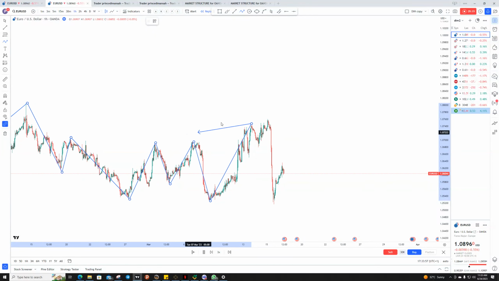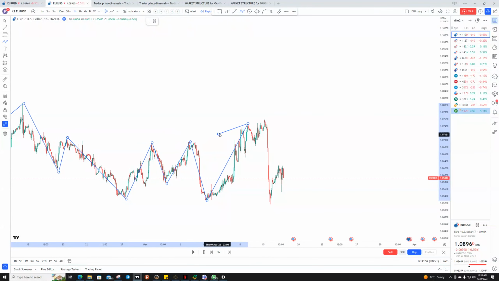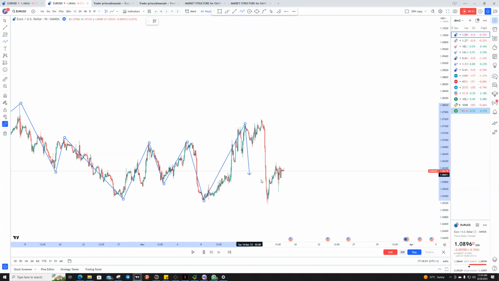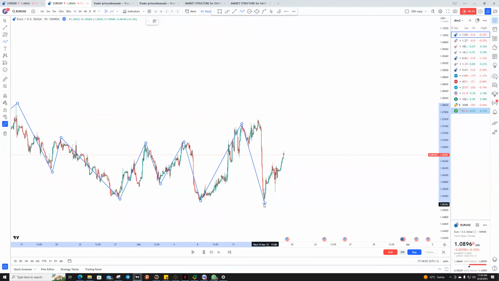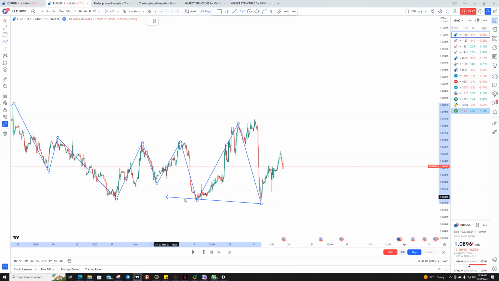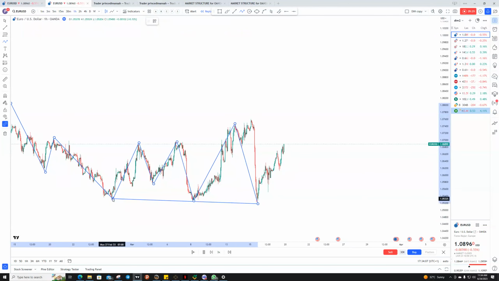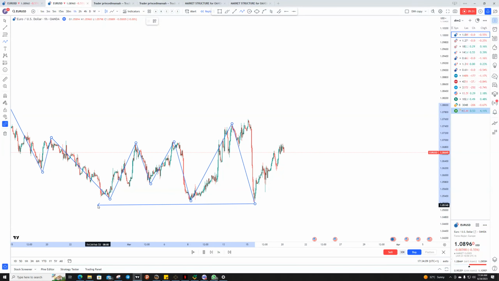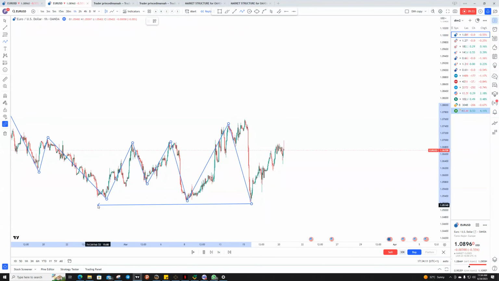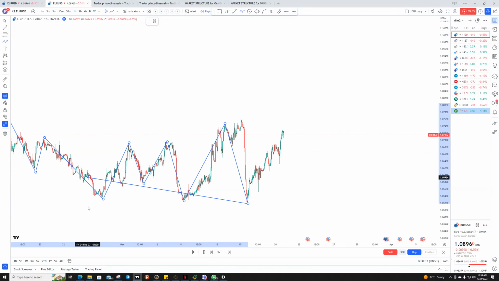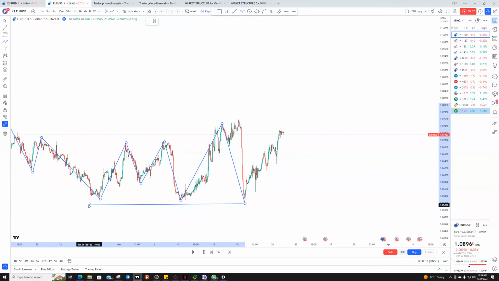So you could say the trend looks like it's changing, but the market is what? Going sideways. So it comes down here again, which is what? Lower than this place. You see? It's lower than this place.